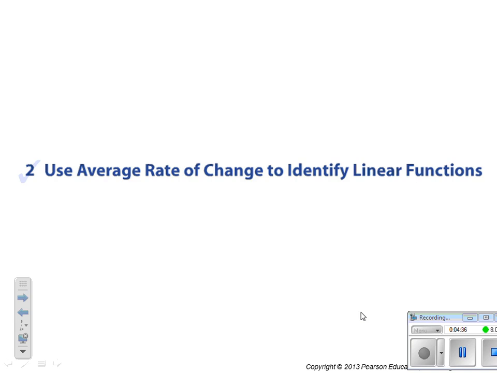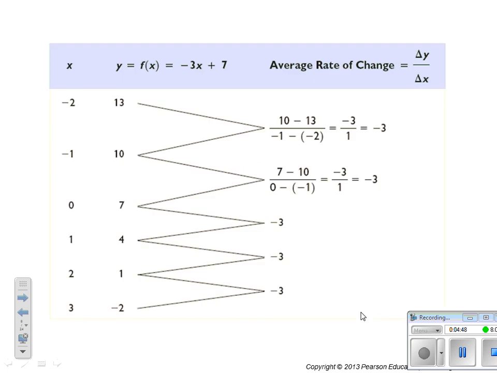All right, average rate of change to identify linear functions. That's our second learning objective. The first was to graph linear functions. Now we're using average rate of change. I promise you, we're just renaming something we already know. The average rate of change is delta y over delta x.